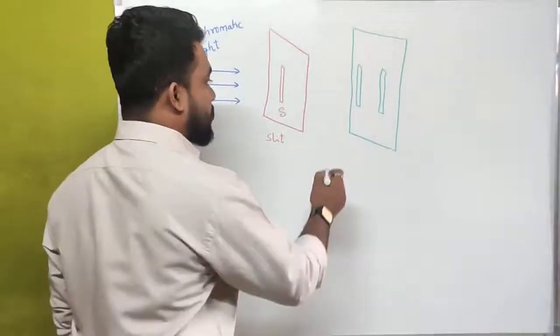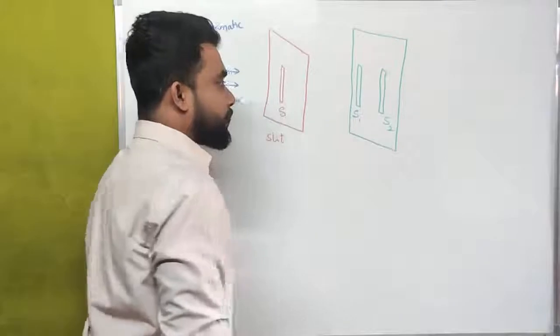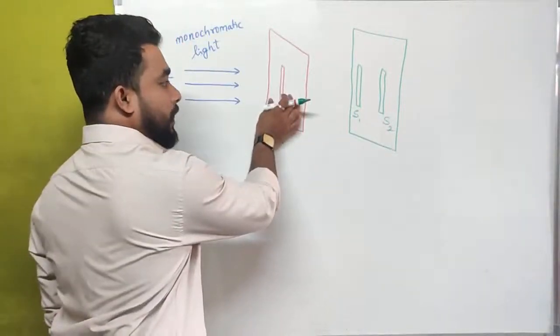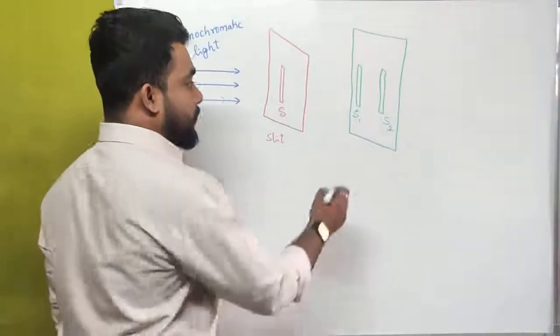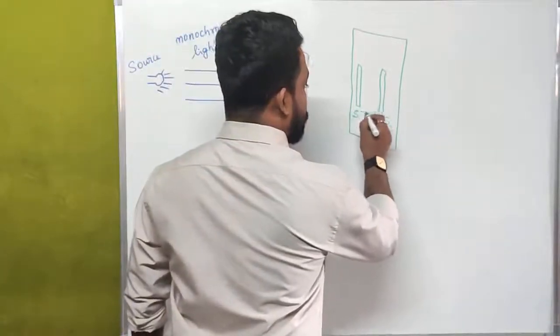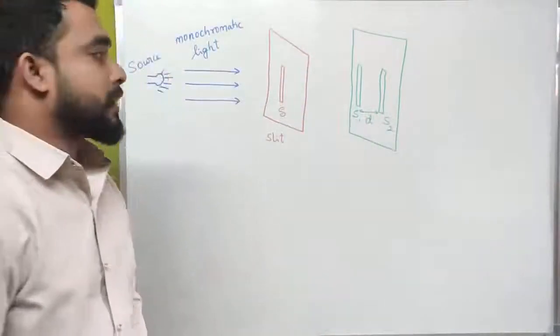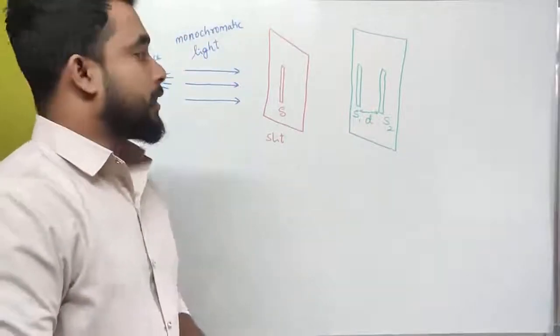Let us assume this as slit S1 and this as slit S2. Here we have one slit, and here we have two slits. Let the distance between these two slits be D.